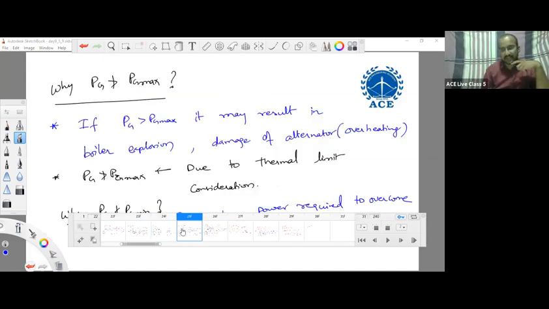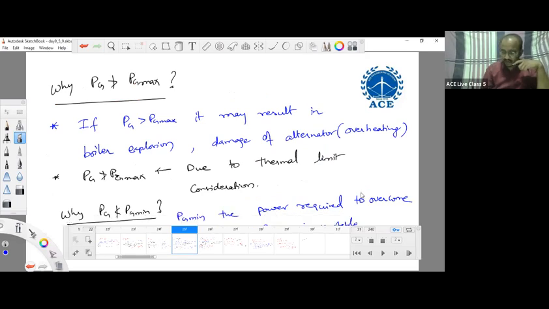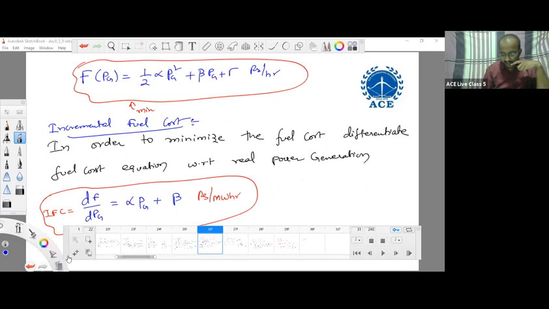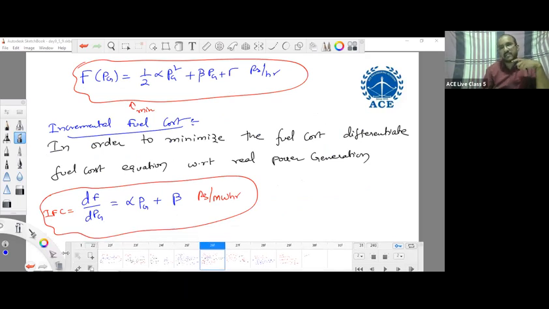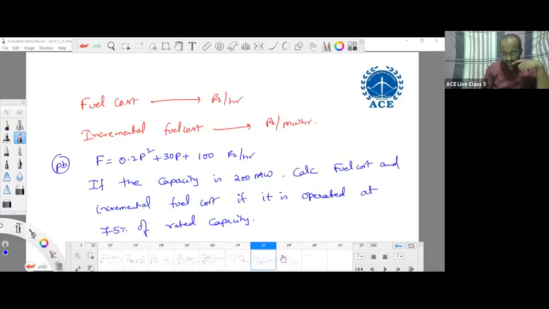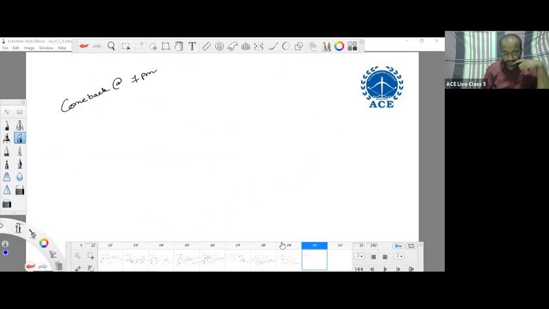There are limits: the maximum power limit is by thermal consideration, and the minimum power is the power required to overcome the losses. In order to minimize the fuel cost, we differentiated that fuel cost equation with respect to real power generation. That is the incremental fuel cost. So we have solved one problem based on this.